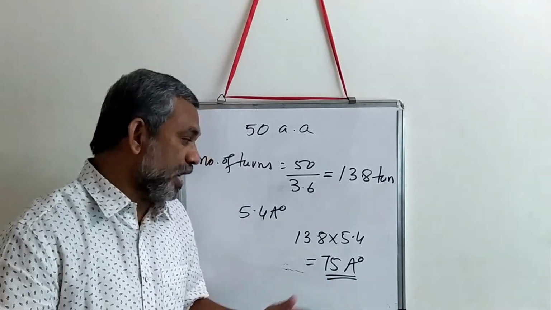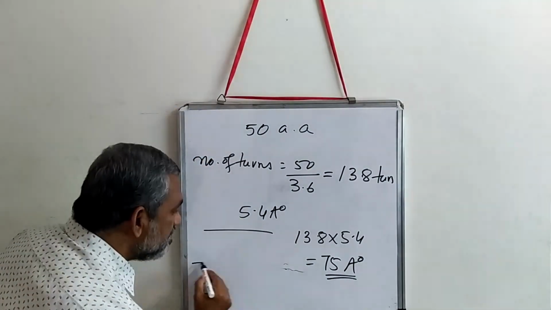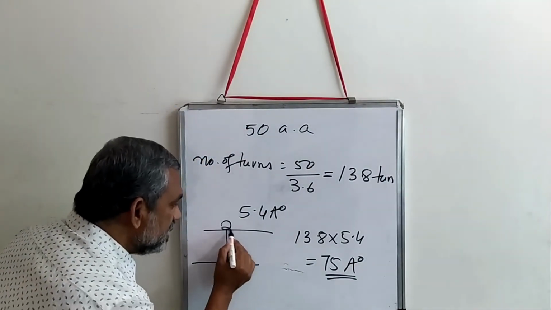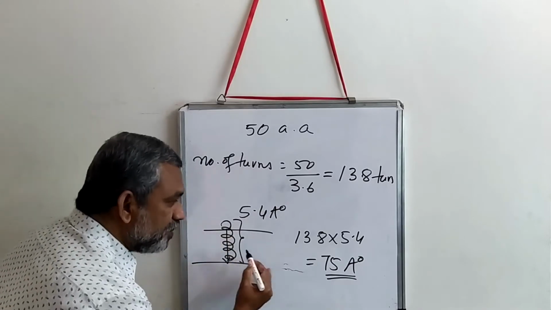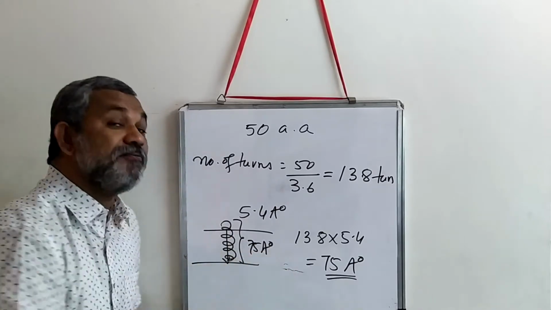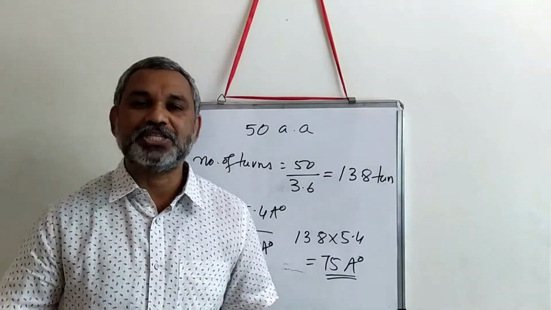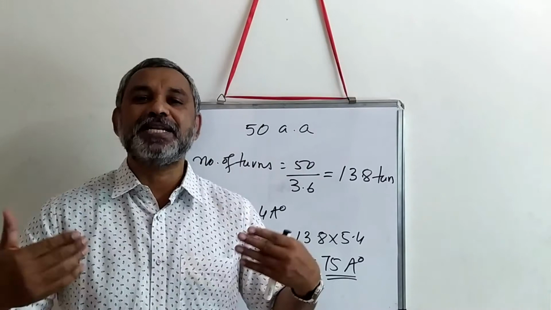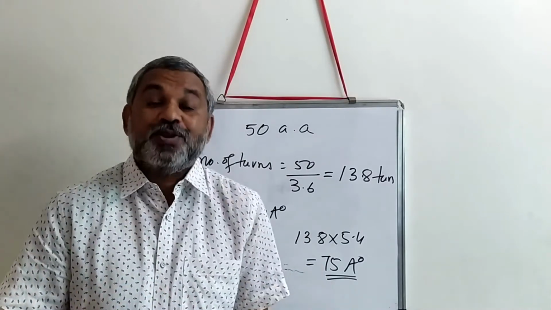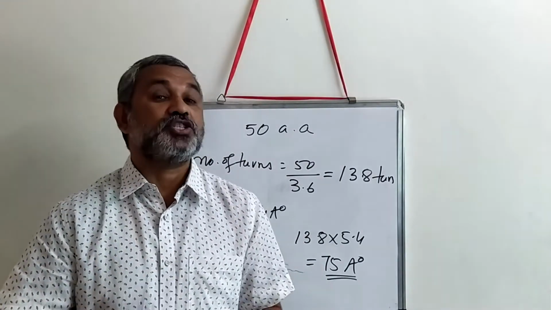So you know that in a membrane, this alpha helical structure will be 75 Angstrom long. So these are some of the applications of knowing all these fundamental values in calculating the structure of the alpha helix.